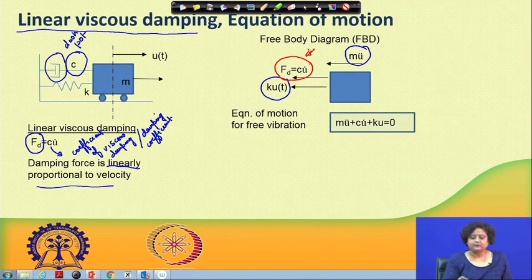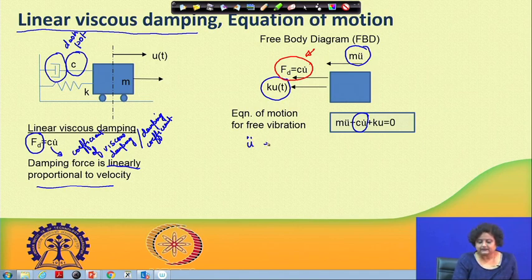If we write down the equation of motion from this free body diagram, we just get an additional term c u dot, and it becomes m u double dot plus c u dot plus k u.